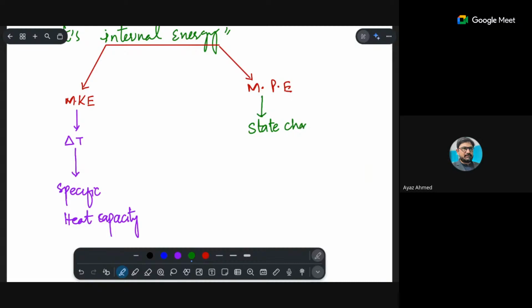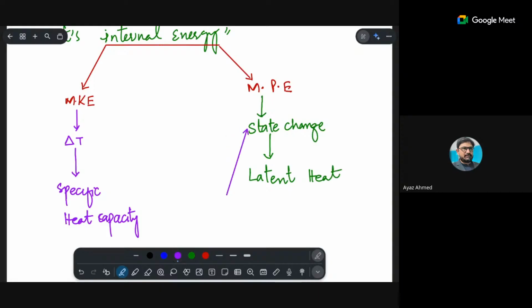I will discuss that state change later on, because right now I'm not having that topic in discussion. So beta, state change takes place where? State change takes place in the topic of latent heat. And as you know, there are two types of state changes.